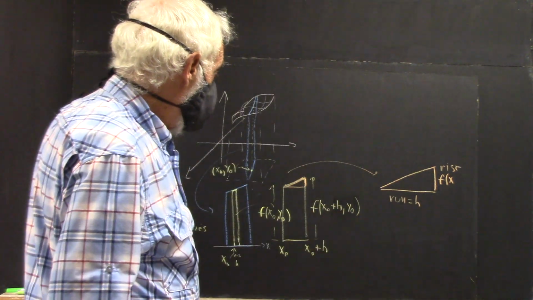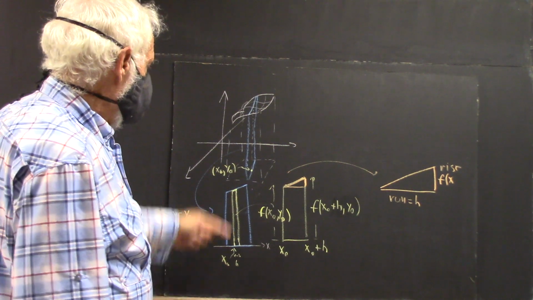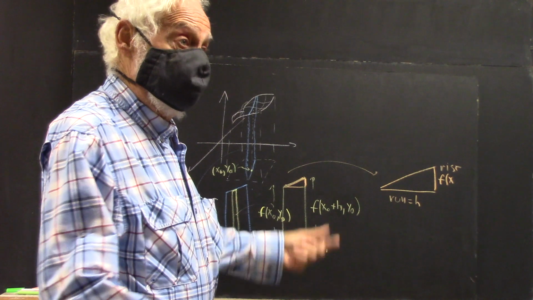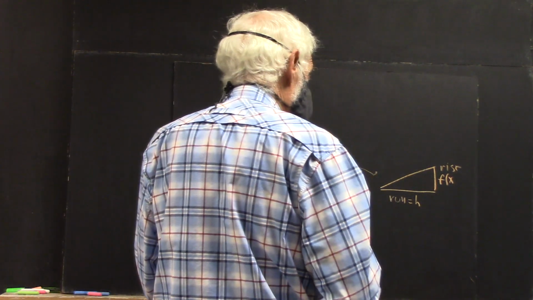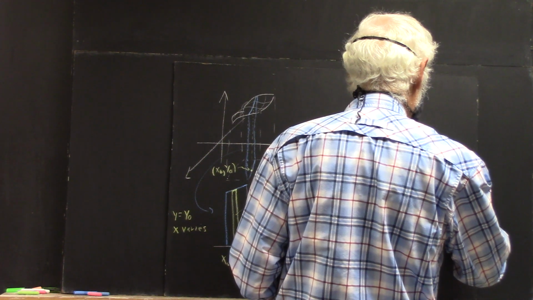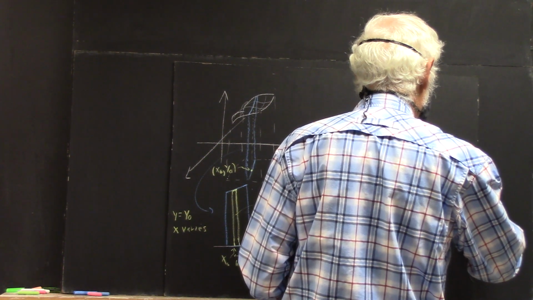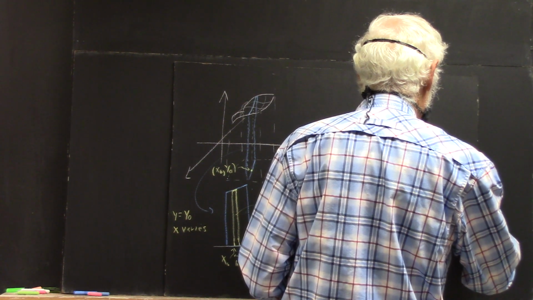Why do we have y naught there? Well, because this is a function of two variables, and we said let y naught be constant. Now we have f of x naught plus h, y naught minus f of x naught, y naught.